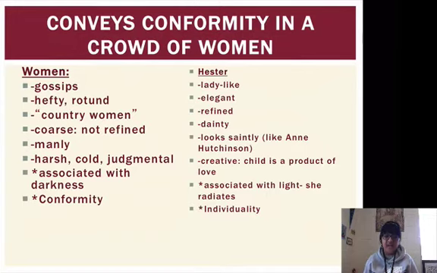Again, the irony of that, like Anne Hutchinson. She's creative. And she also radiates light. So you can see through this contrast of the women and Hester in the first few chapters that the narrator is biased towards Hester.